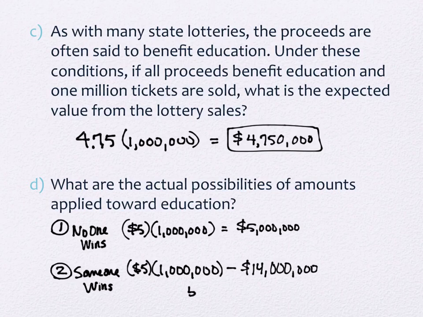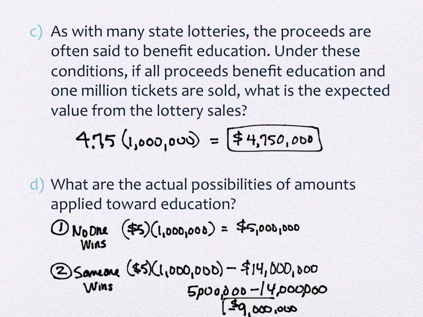So this looks suspiciously like a negative number, does it not? We have 5 million minus 14 million. What does that give me? It is negative $9 million. So we can look at averages all we want, but these are the real 2 outcomes that can occur.